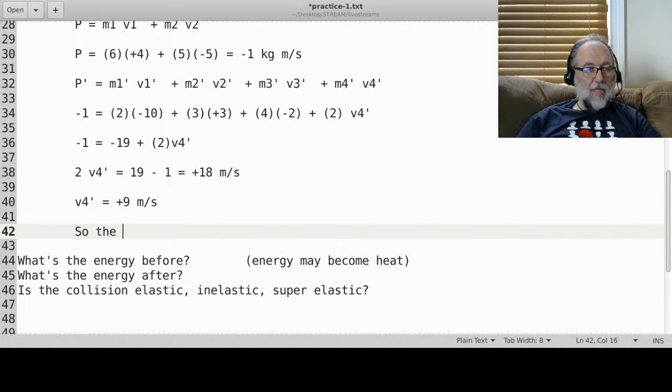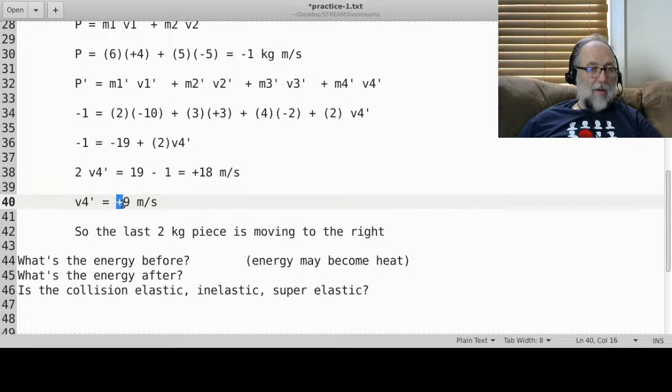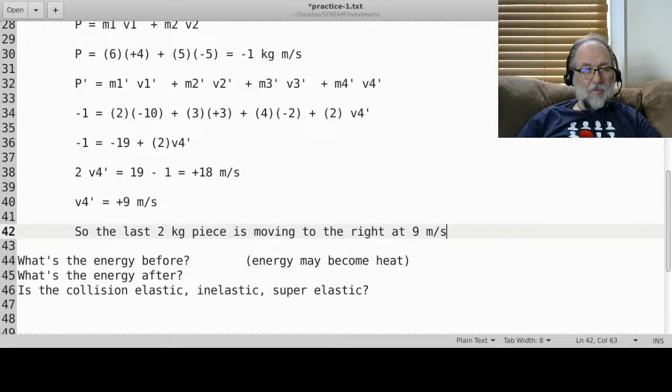Okay, so the last 2 kilogram piece is moving to the right. How do we know that it's to the right? Positive, like that. Okay, and it's moving to the right at 9 meters per second.